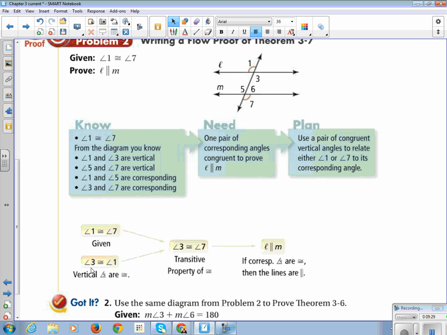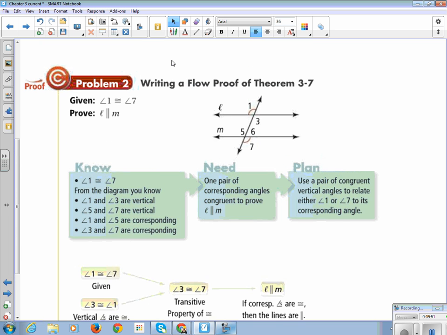And we can also say 3 and 1 are congruent because they are vertical angles. 1 and 3 are vertical. That's why I had you write that down, because we use it over and over and over again. So by the transitive property, we can say angle 3 is congruent to angle 7.